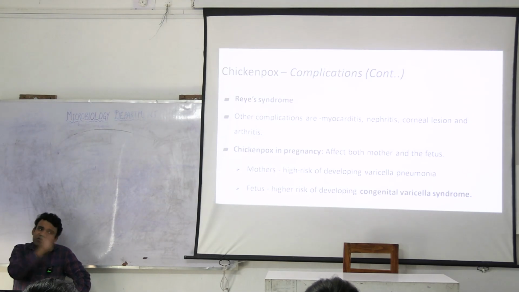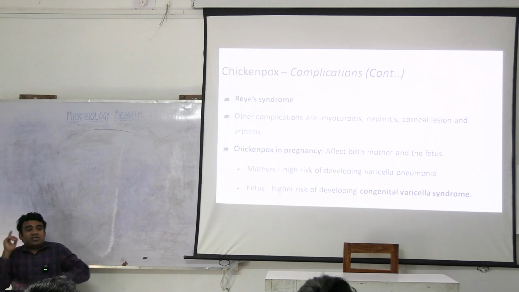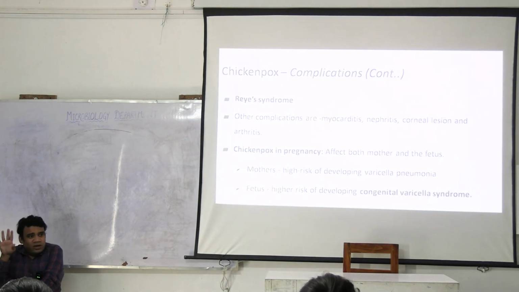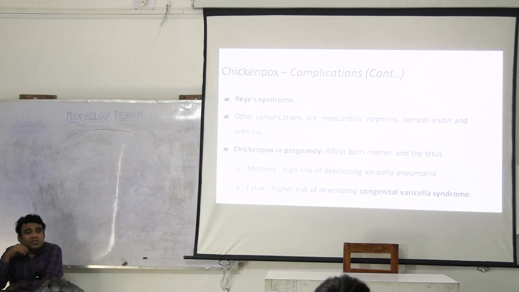That means the mother was already infected before giving the birth, and now she has already given the birth. That means the child is also infected, and by this time the mother has not at all produced antibodies, so the child also has no antibodies, but the child has the virus. So this is a very interesting phase. That means it is also called as neonatal varicella.